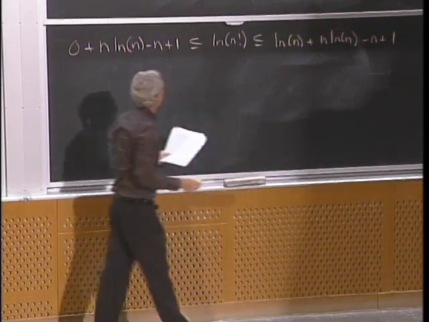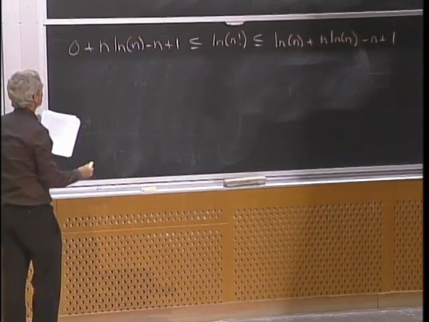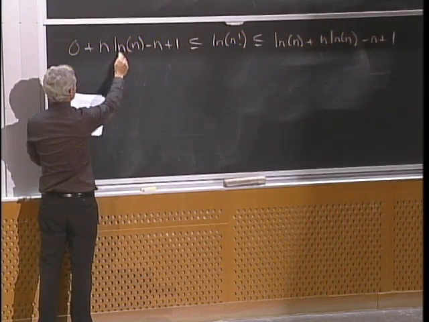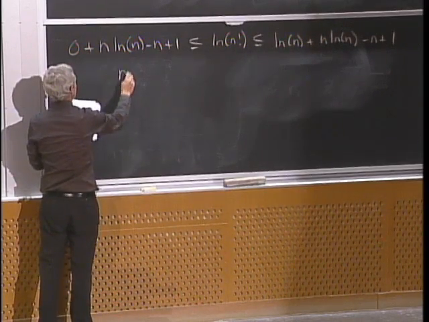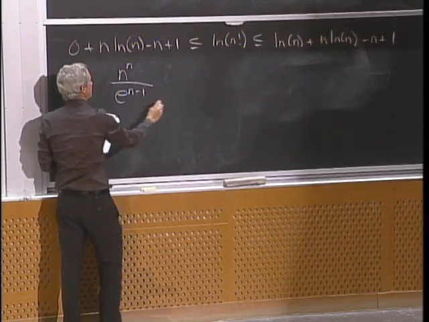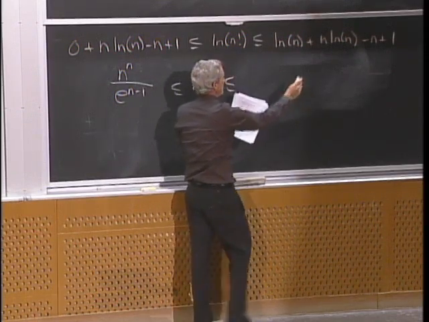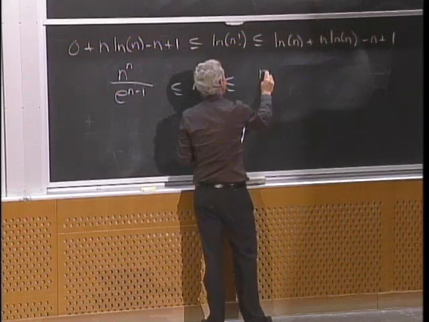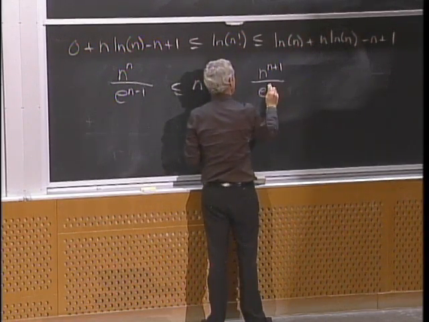Okay. So to get bounds on n factorial, we just exponentiate both sides. So I take e to this, and that gives me n to the n here. And then this is negative, so that'll be e to the n minus 1. And here I've got n plus 1 times the log of n, so it's n to the n plus 1 over the same thing, e to the n minus 1.